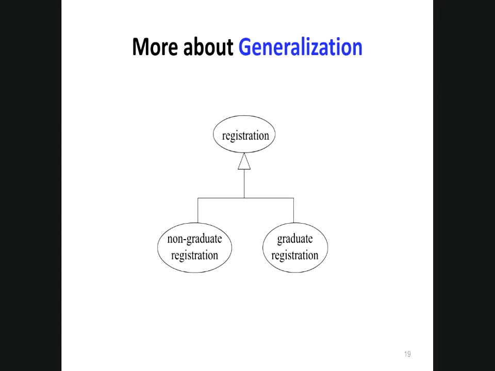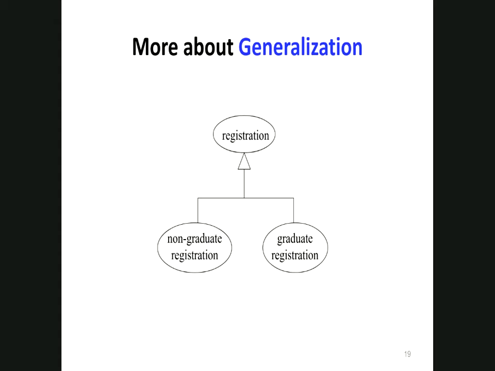Now in generalization, you see what happens. I'll just give you an example: registration. This is an example which is taken here. Yeah, any question? Okay, in registration, for example, take our King Khalid University.